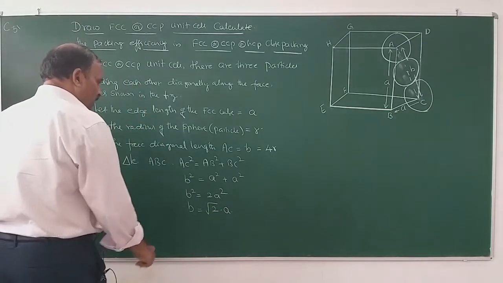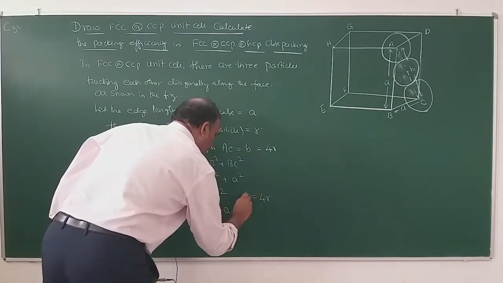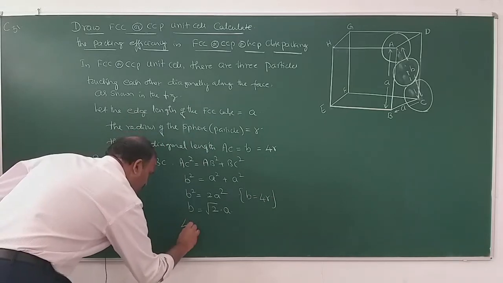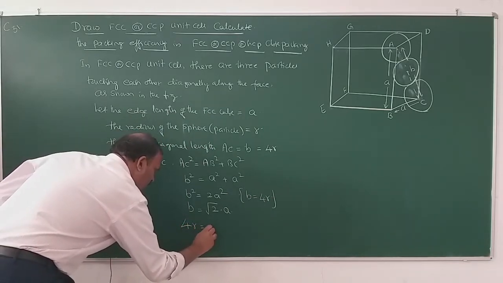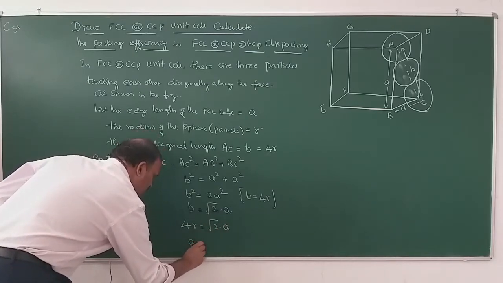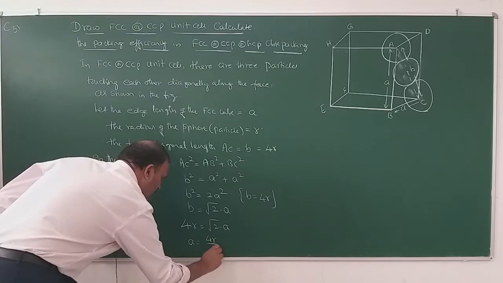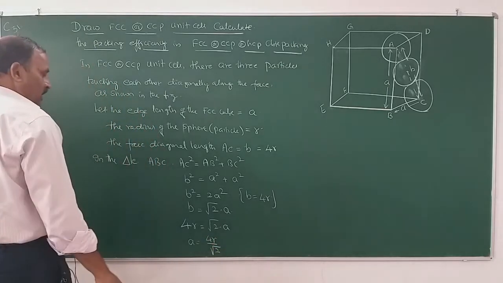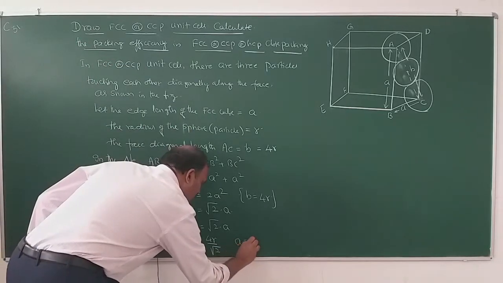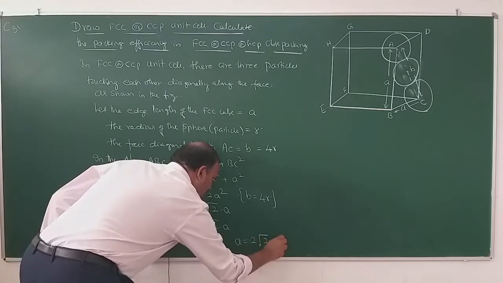But B is equal to 4r. So substituting the value of B equal to 4r, that is equals root 2a. Then a is equal to 4r divided by root 2, or a is equal to 2 root 2 into r.